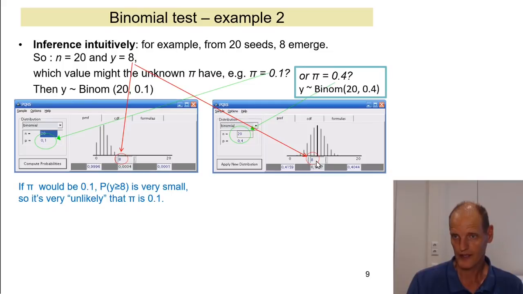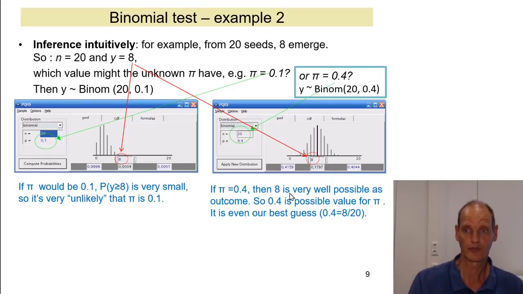And then we would actually expect a value of 8. So 8 has the largest probability. It's also the expected value. So if pi is 0.4, then 8 is very well possible as outcome. So 0.4 is a possible value for pi. And in this case, it's even our best guess.